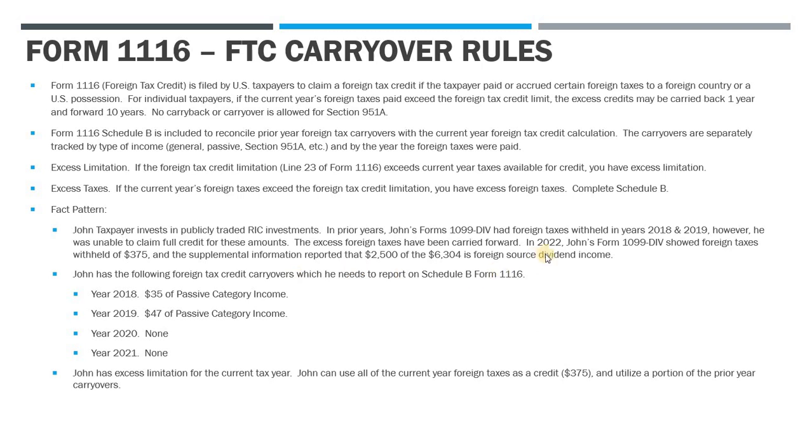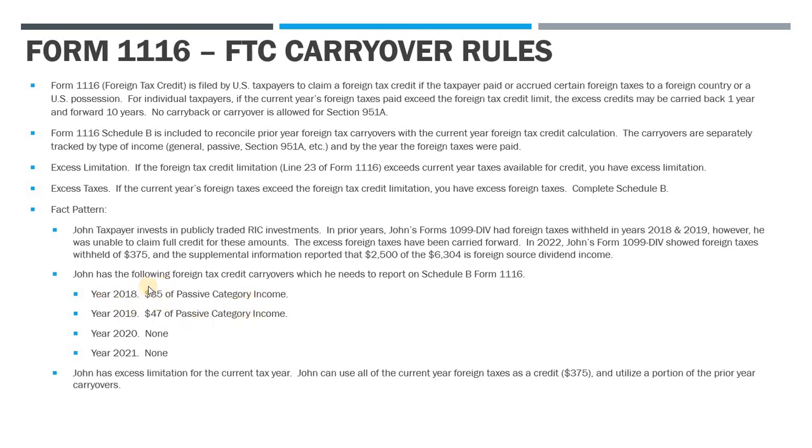So the foreign taxes have been carried forward, and then in 2022, John's 1099-DIV showed foreign taxes withheld of $375, and the supplemental information from the RICs showed that $2,500 of the $6,304 is foreign source dividend income. Now, John's foreign tax credit carryovers are the amounts that were not able to be used in those specific years.